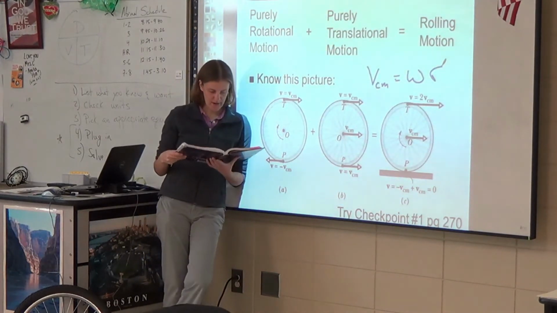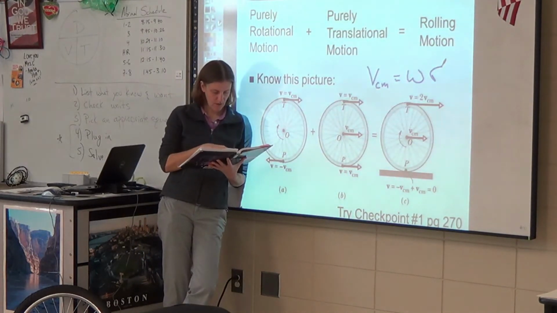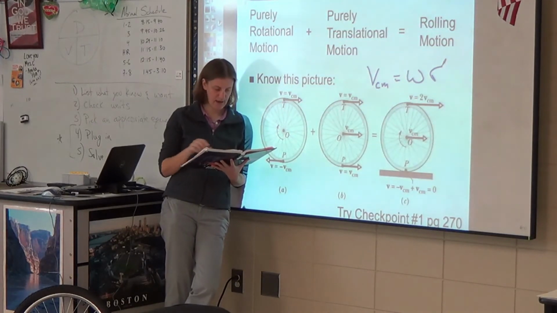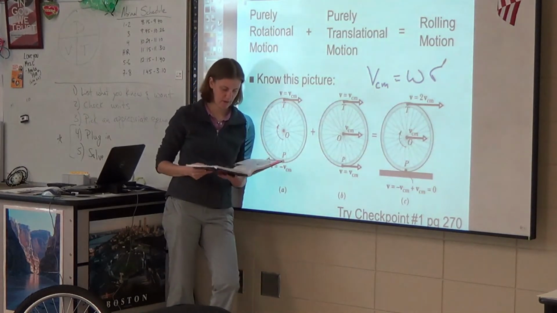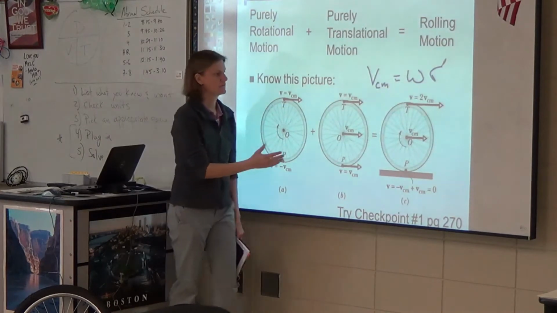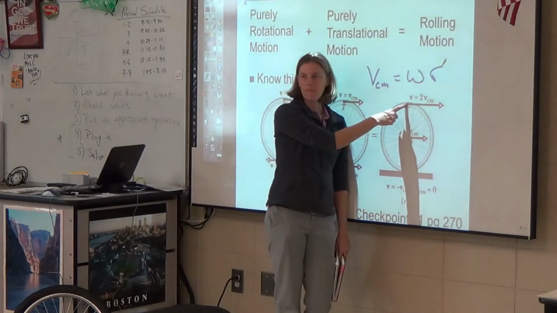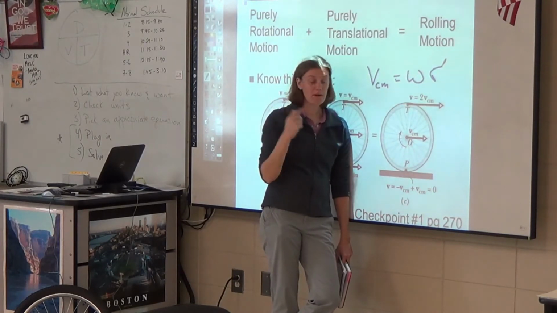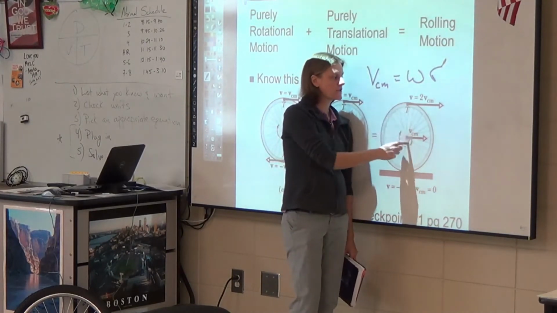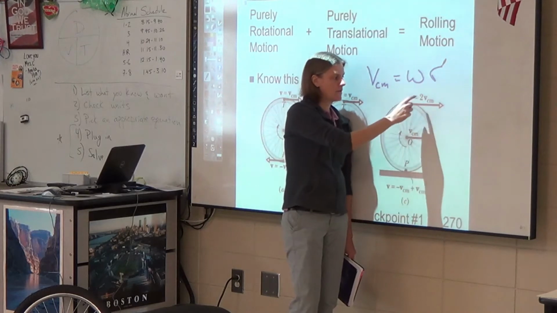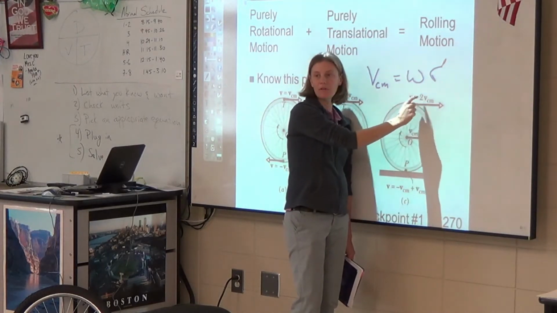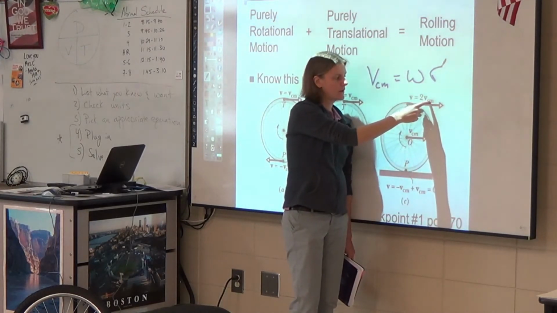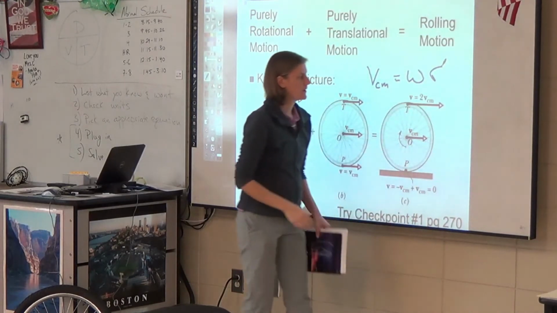But what about a point at the very top of the rear wheel? They would have to be the same, because regardless of what your radius is here, the very top is going to be double the center of mass. But we did figure out the center of mass would be the same. So they'd be the same.